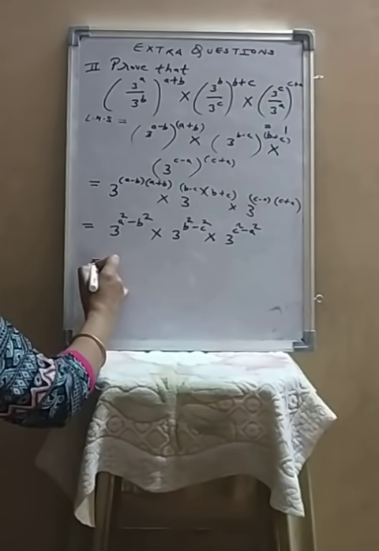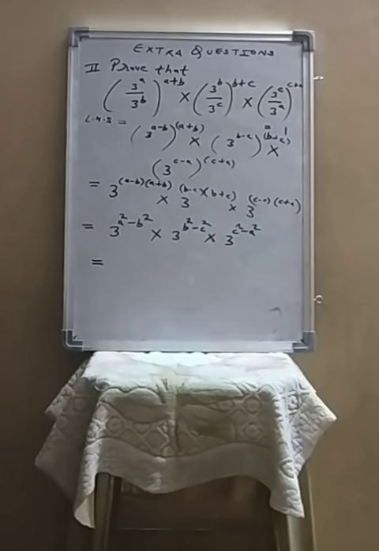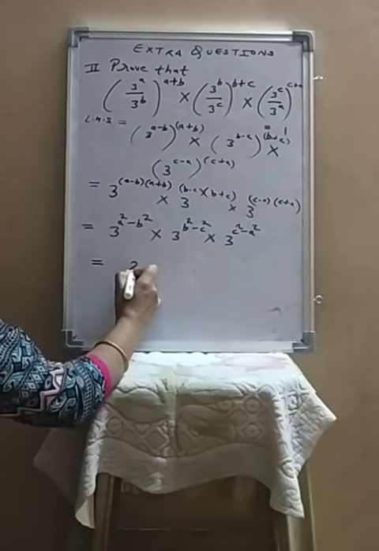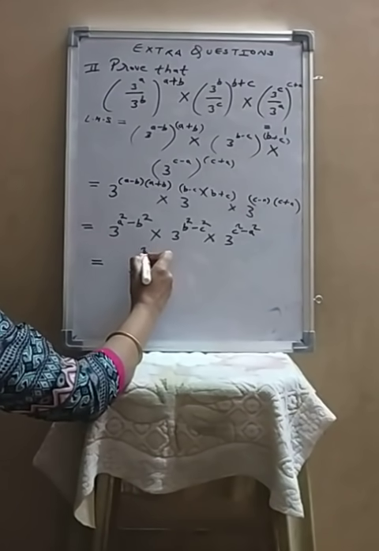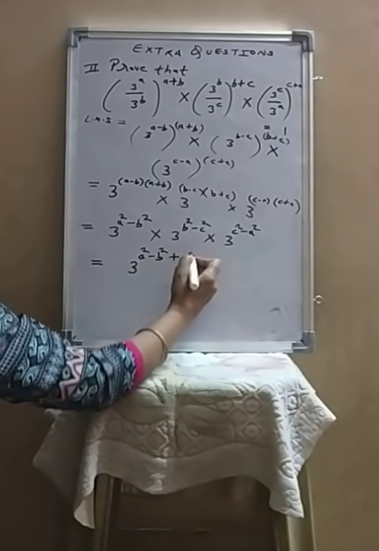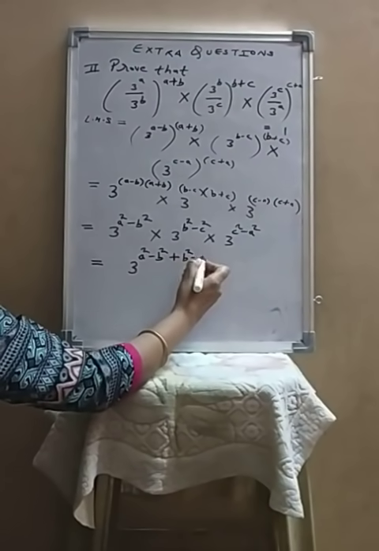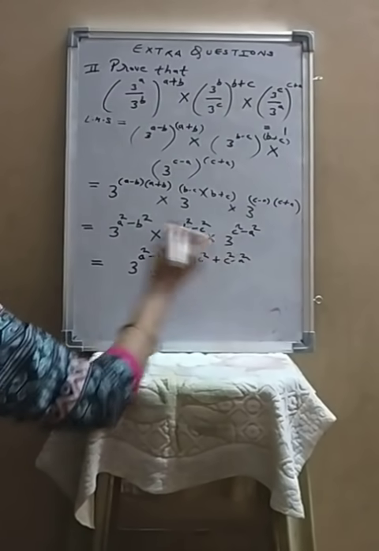Now children, you can see that the terms are in multiplication and base is same, so we can add powers. So 3 raised to power a square minus b square plus b square minus c square plus c square minus a square.